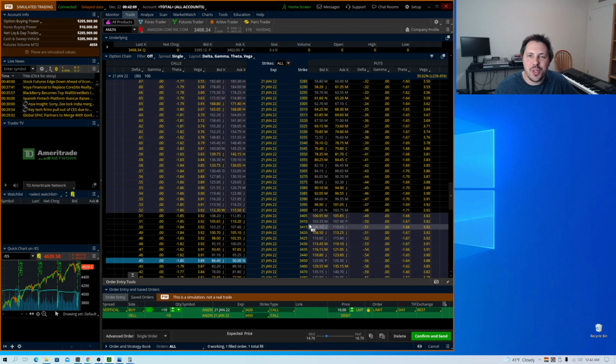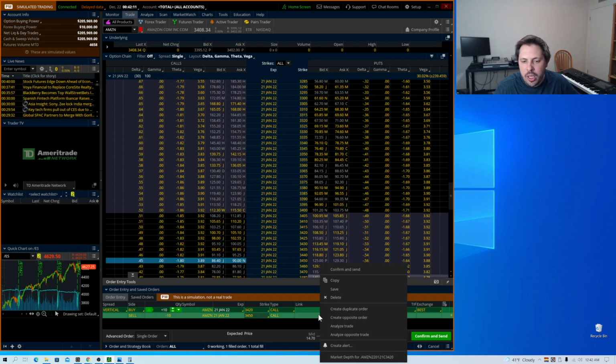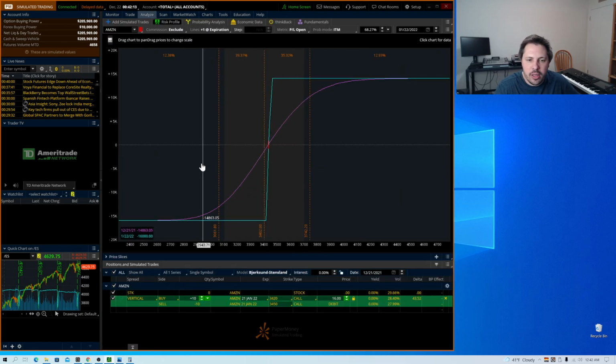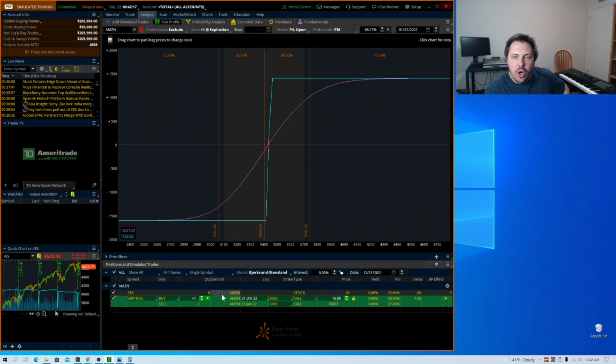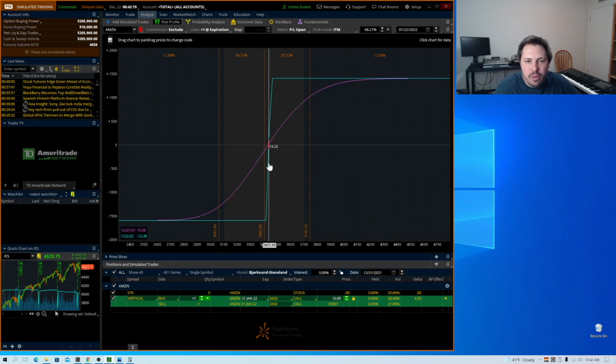And now instead of having to shell out $20,000 for one option, what we can do is put on this trade, where we're doing a call debit spread slightly out of the money, where our risk to reward is a little bit worse than 1-to-1.